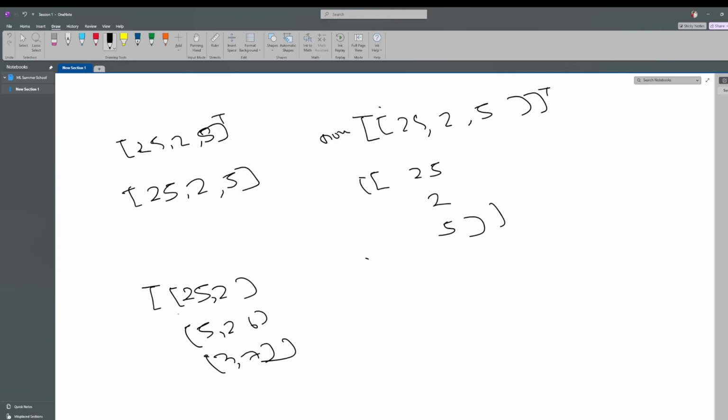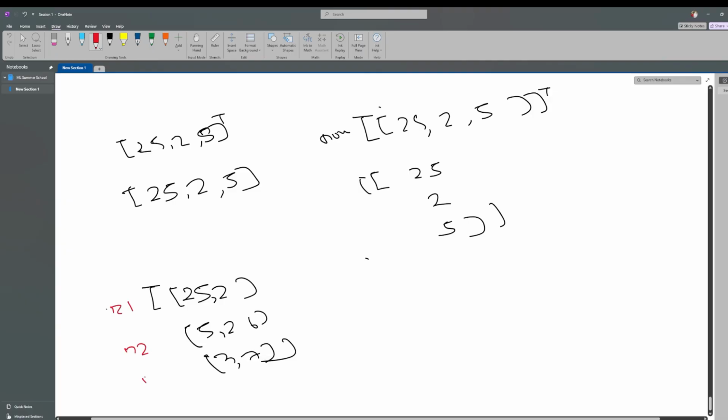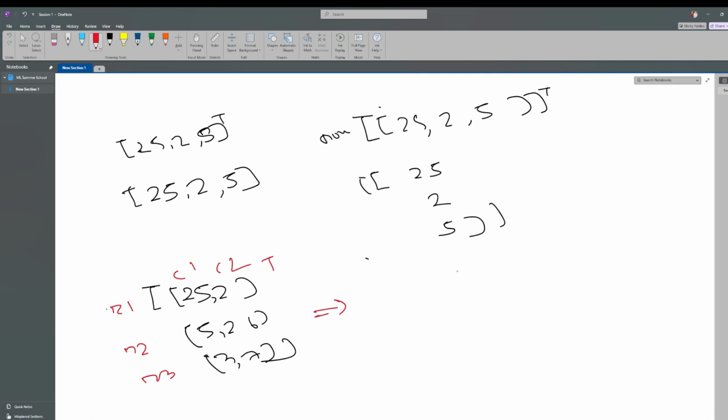Now it can see that we have some sort of rows: row 1, row 2, row 3, and we have column 1 and column 2. So once we want to find the transpose, what we will get is 25, 5, 3, and then 2, 6, 7.